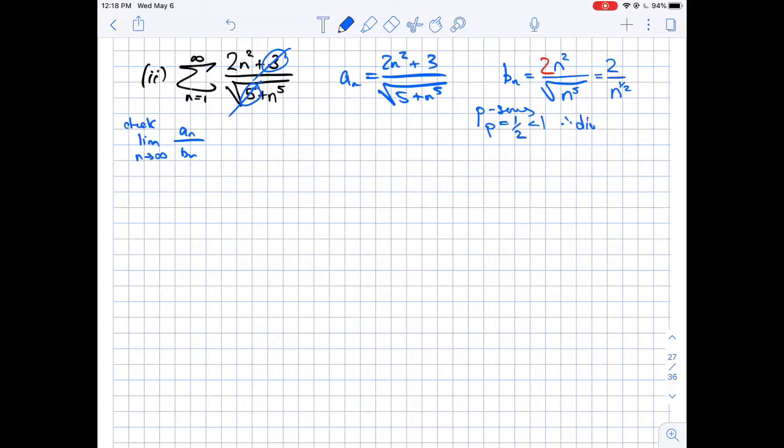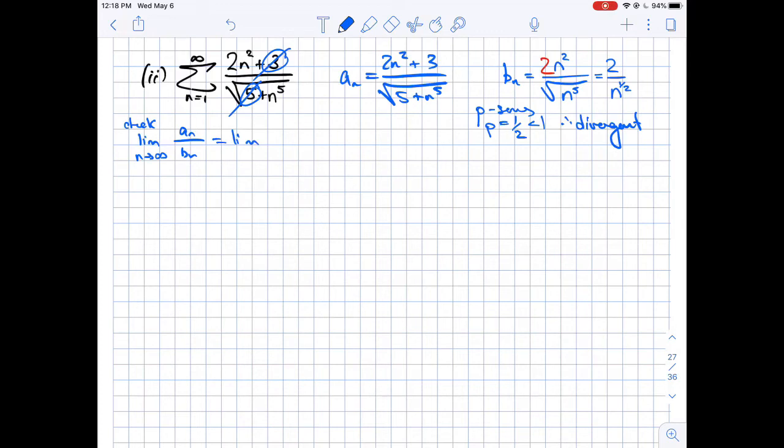And so here, when I am now going to use the limit comparison test, I want to be able to conclude that an and bn have the same rate of decay, that they both go to 0 at the same speed, and so that they will both be divergent. So let's see if we can do that.